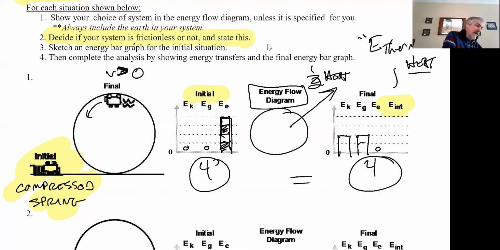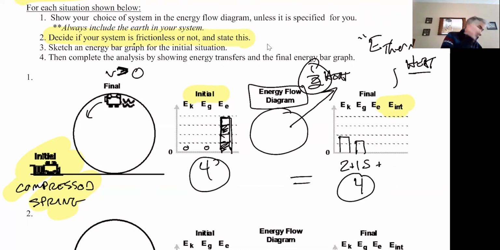So then what we would do at the end here, we would change this. And we would say that there's still 2 kinetic bars, but now only 1.5 gravitational. And then we lost that half a bar there. So you've got 2, 1.5, plus the one that we lost, it still equals the 4. The 4 is still accounted for. Or you could say that maybe there's a half a bar of heat here and say that no energy left the system.